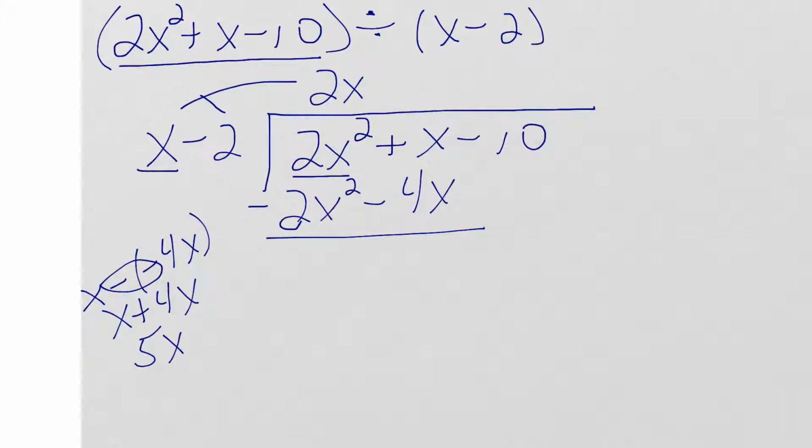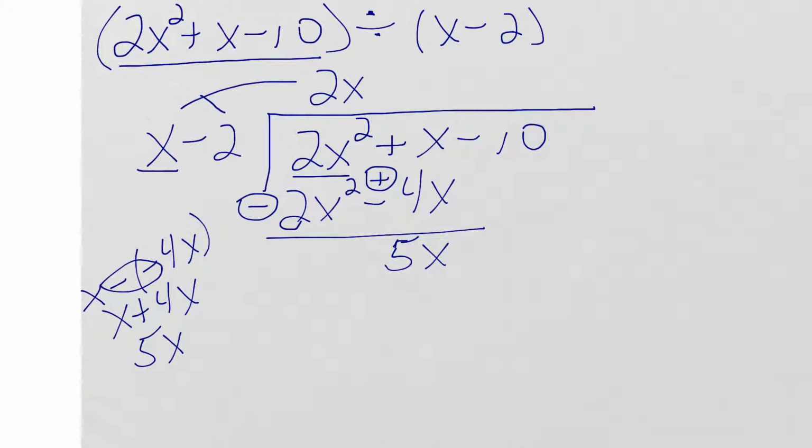We'll take that one and make it a negative, and I'll circle the changes. This one I'll make a positive. And then instead of subtracting, go ahead and add. The 2x squared and the negative 2x squared are still going to cancel, but x plus 4x is going to give you the 5x that we need it to be. So whenever you need to subtract, instead, think of it as change signs and add.